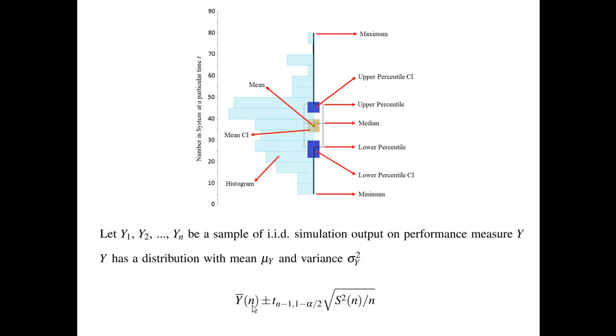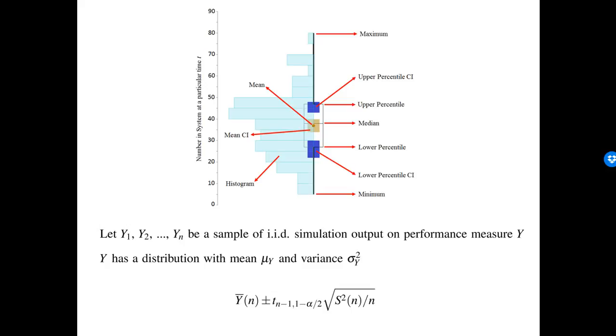So y bar n is my sample mean plus and minus a t-value times the square root of my sample variance divided by my sample size, where this t_{n-1, 1-alpha/2} is the upper 1 minus alpha over 2 critical point of the t distribution with n minus 1 degrees of freedom.